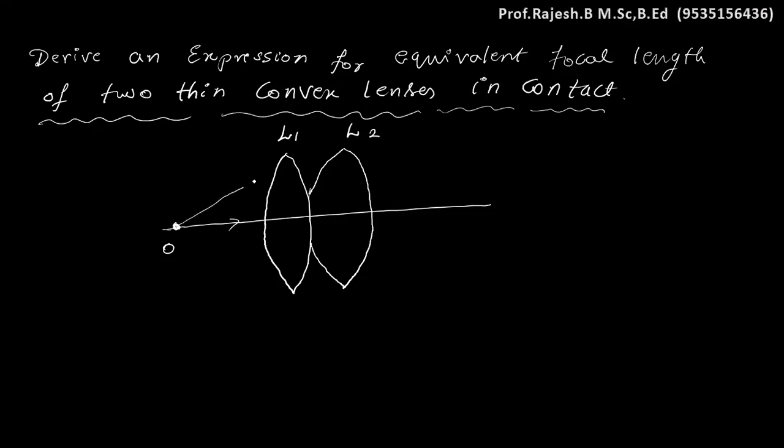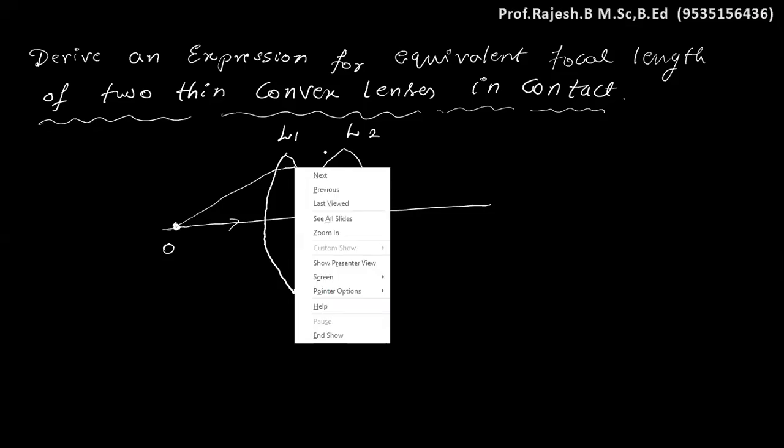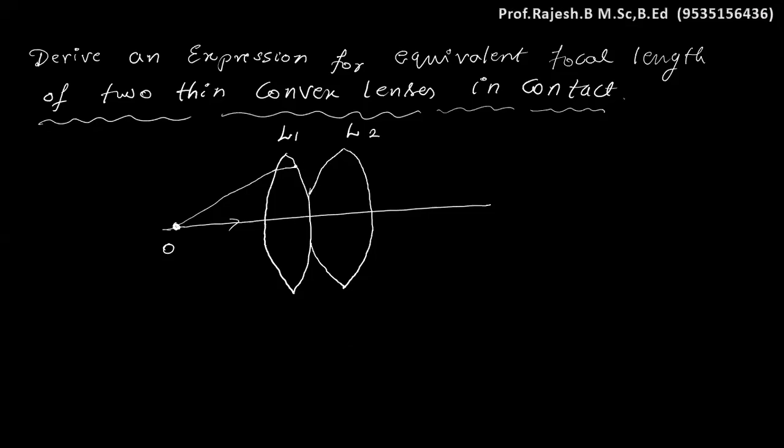Here the light first falls on the first lens, and then it refracts through the first lens and goes to the second. It enters the second, and again it refracts. So from the first lens, it gives the first image, that is I1. This is the image from the first lens, and the final image comes from the second lens, that is I. Again, like in the lens maker's formula, how we derive like that.